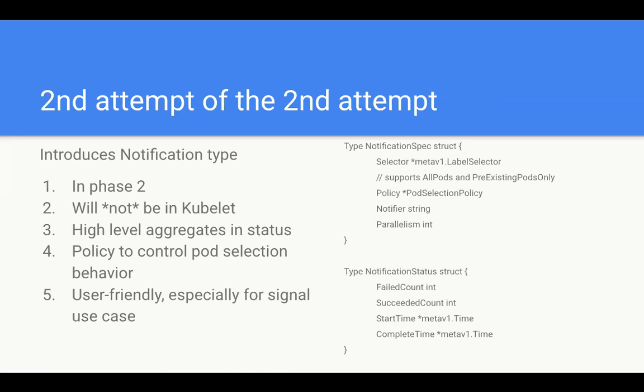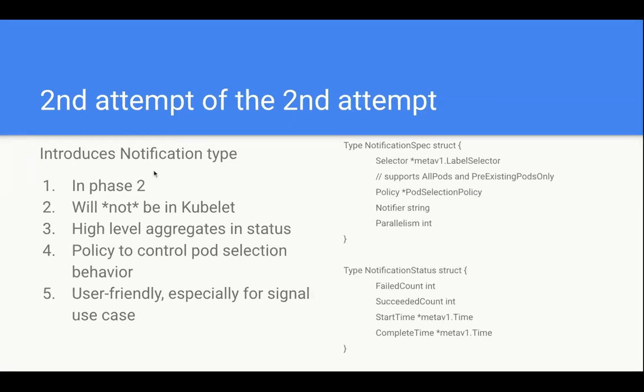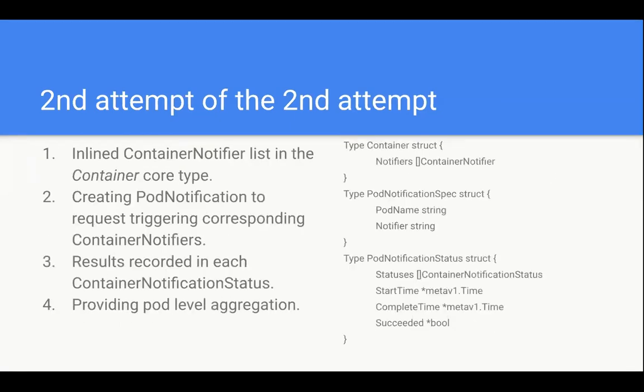No problem. So one question. In phase one, we talked about the pod notification object, which is used to specify the pods we want to notify. And then in this phase, we're adding a new abstraction called notification on top of pod notification to cover different pods, right?